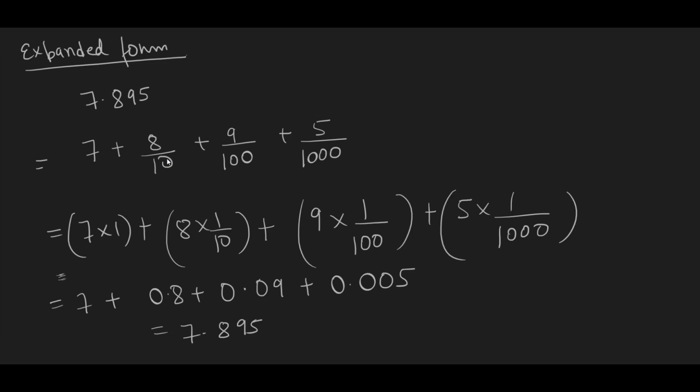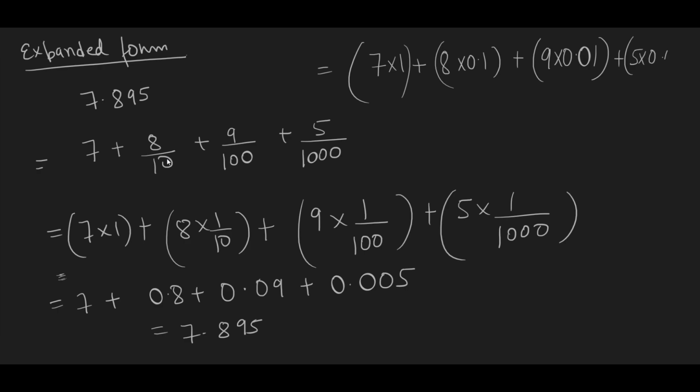I will be writing this here. This will be 7 into 1 plus 8 into 0.1 plus 9 into 0.01 plus 5 into 0.001.